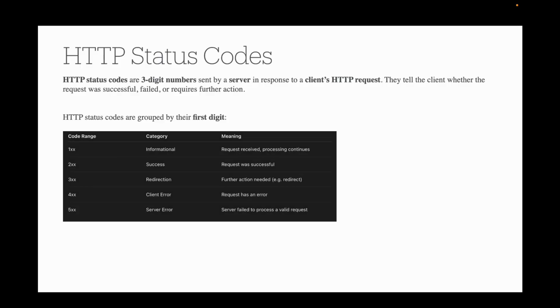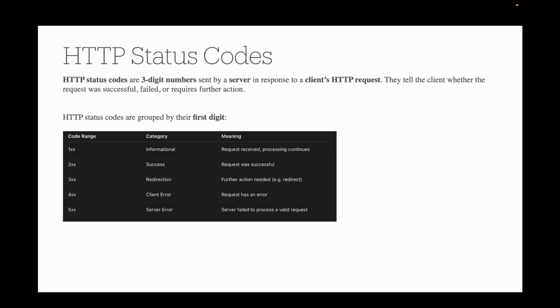HTTP status codes. HTTP status codes are 3-digit numbers sent by a server in response to a client's HTTP request. They tell the client whether the request was successful, failed, or requires further action. HTTP codes are grouped by their first digit. So based on the first digit, there are multiple categories into which these codes are grouped.